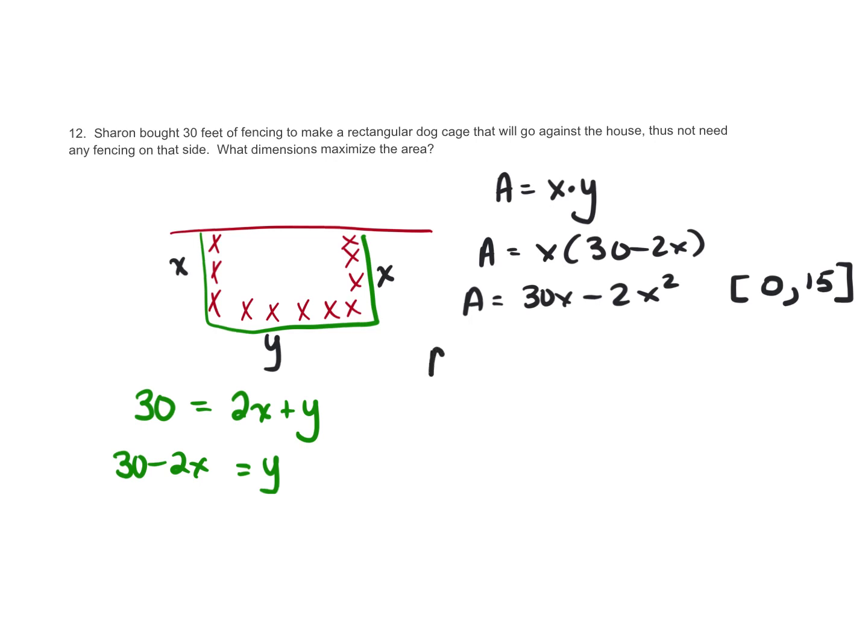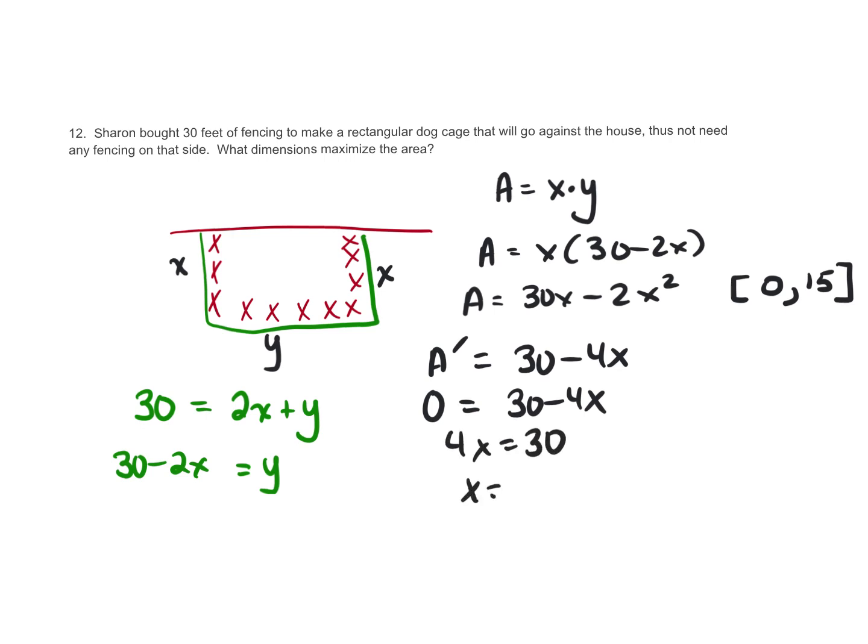So if I find A prime, that's going to be 30 minus 4x. Setting that equal to 0, I will find my critical value. So that's going to be 4x equal 30, so x equal 30 divided by 4, which is 7.5.